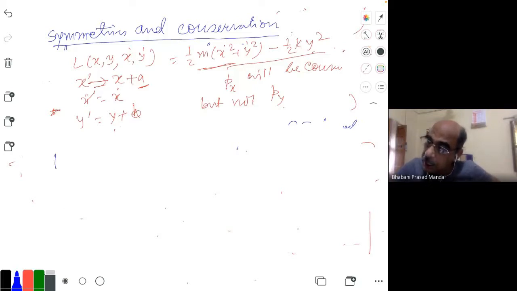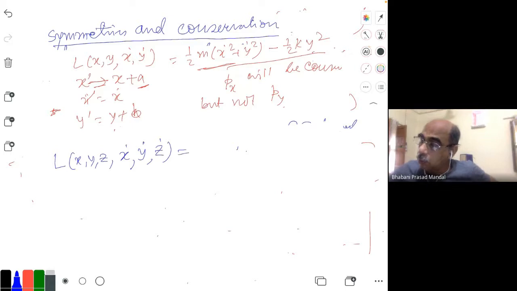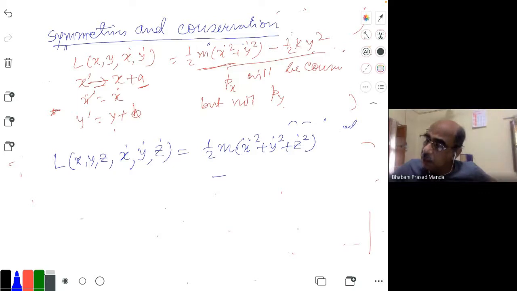Suppose I consider a Lagrangian of x, y, z, x dot, y dot, z dot equal to a half m, x dot square plus y dot square plus z dot square, minus a half k, x square plus y square, minus a half k1 z square.